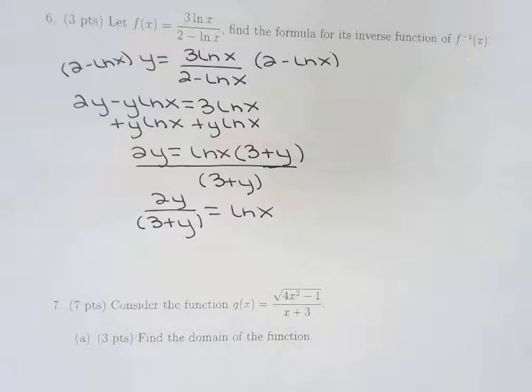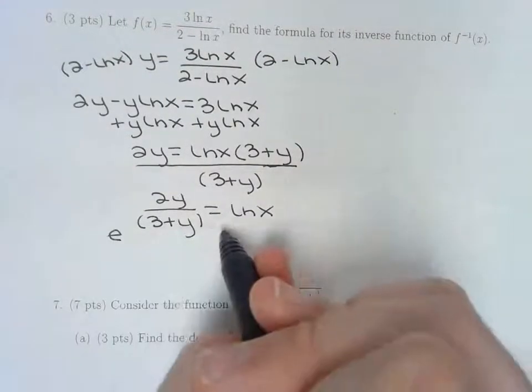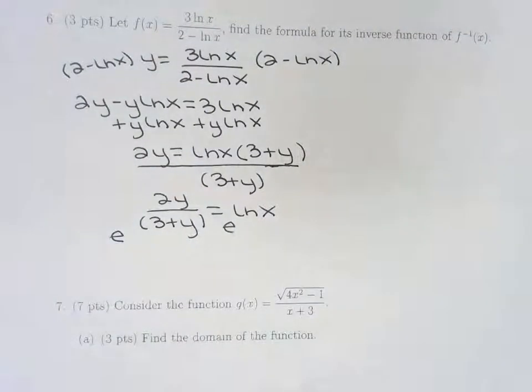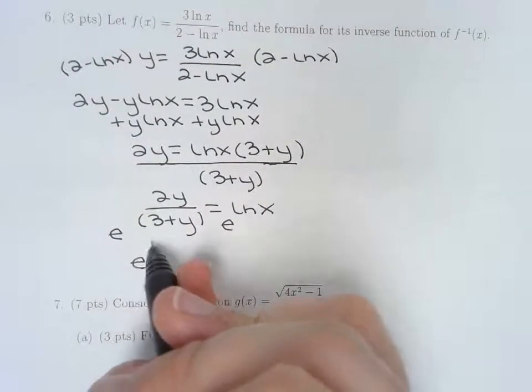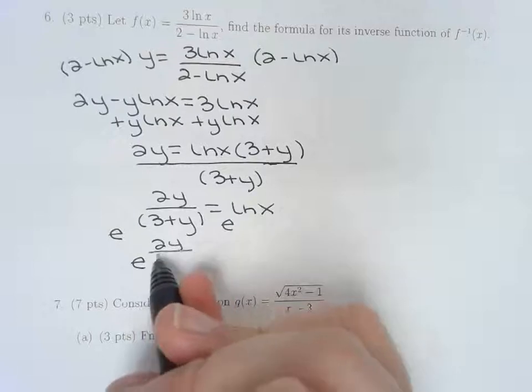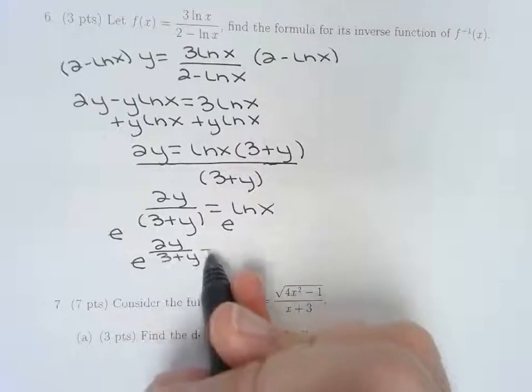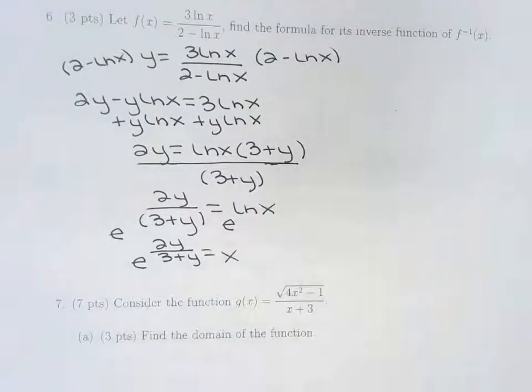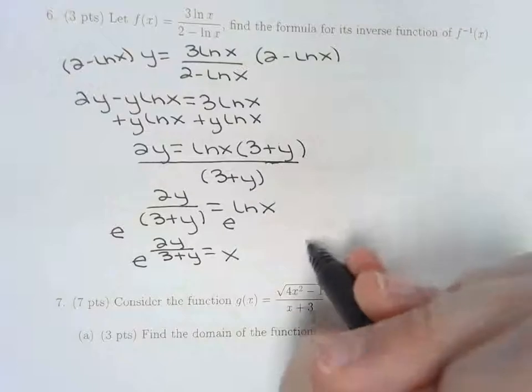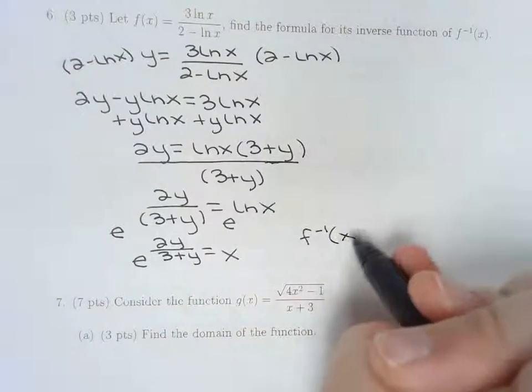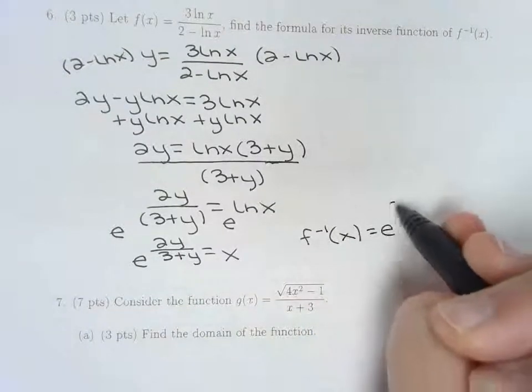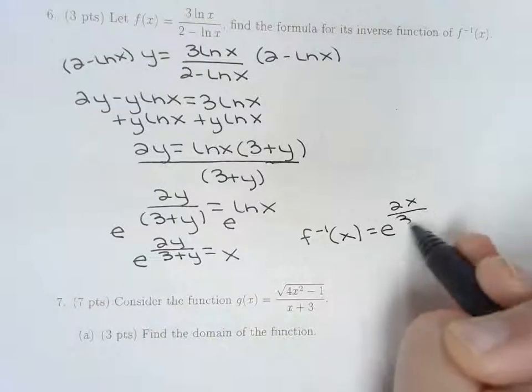And then finally to get x alone, e both sides, so make them exponents to e. So I have e to the 2y over 3 plus y power equals x. So that was kind of a tricky one, solving it for x. Once you solve it for x, then you switch x and y. So f inverse of x is e to the 2x over 3 plus x.